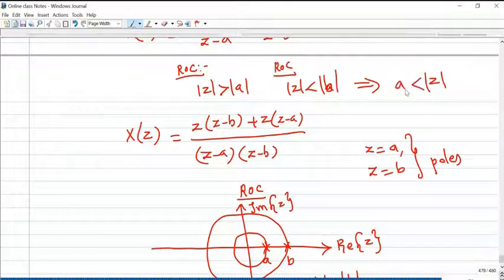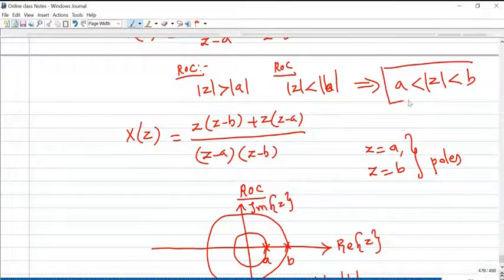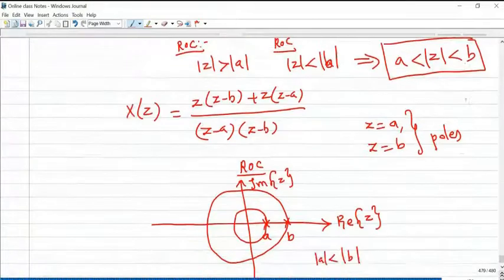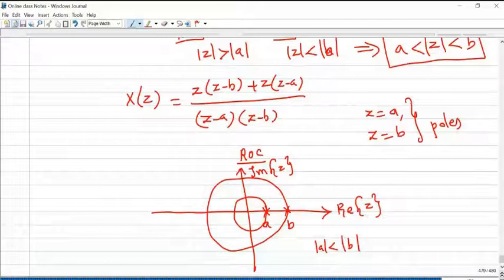Greater than a meaning outside of the circle.